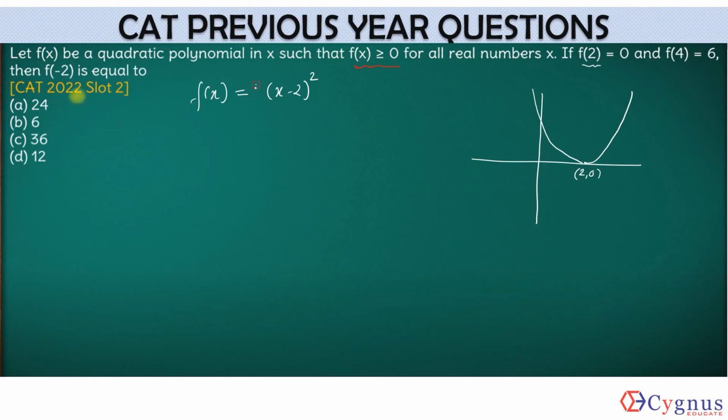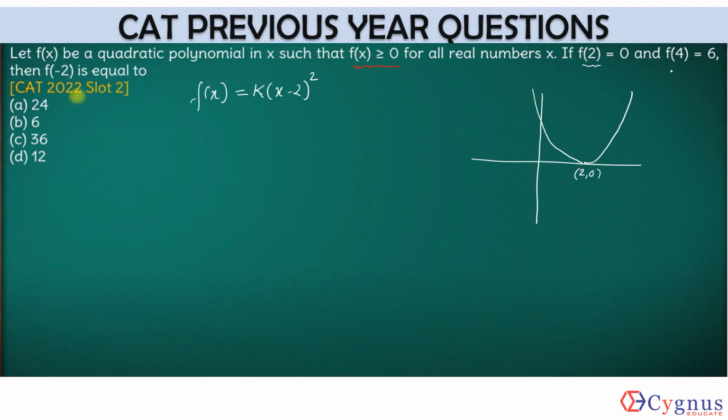But I'll have to assume a variable here. That is a constant, sorry, a constant k, because it will work for any value of k also. k can be 1, 2, 3, 4, anything. Now, this should be the equation, but we don't know the value of k here. You know that f of 2 is equal to 0. That means the moment you put x equal to 2 here, this whole expression will become 0.